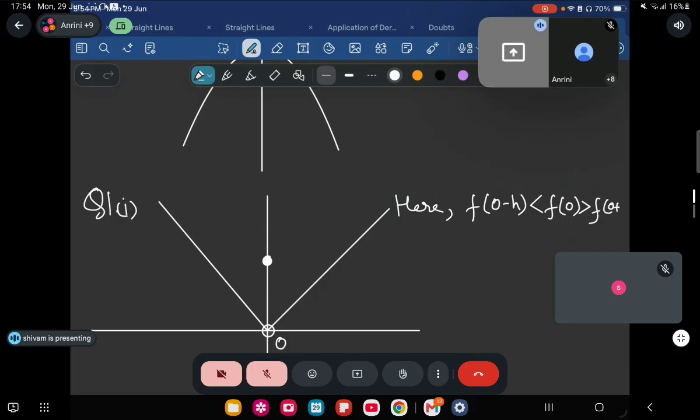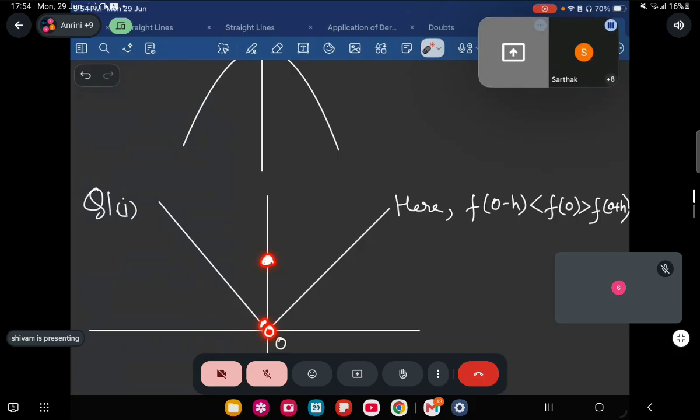Can you explain this one? You see, f of 0 is this, f of 0 minus h is over here, and f of 0 plus h is over here. So at x equal to 0, we are getting local maxima.